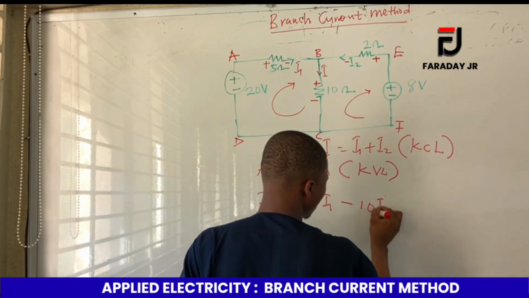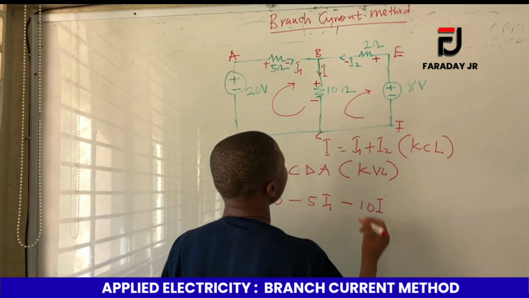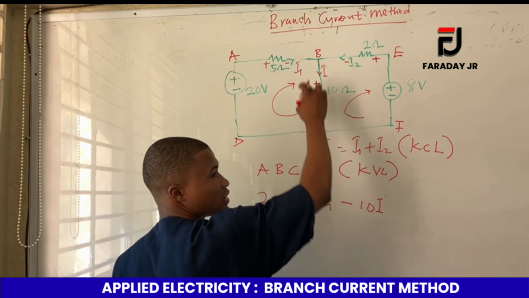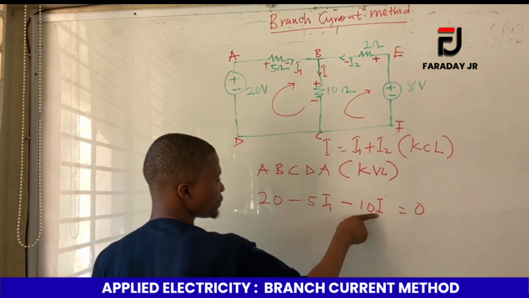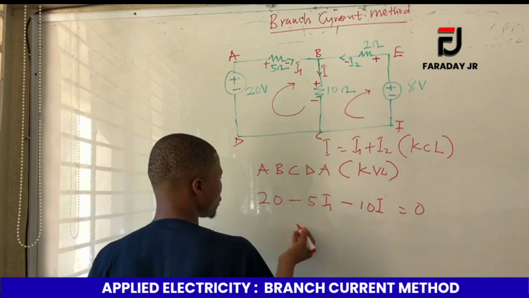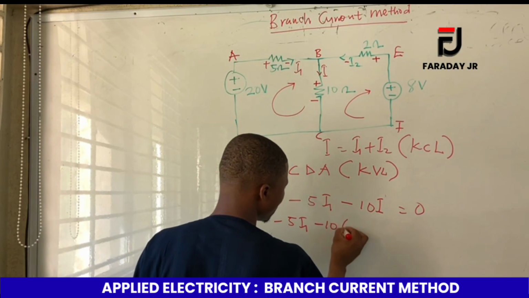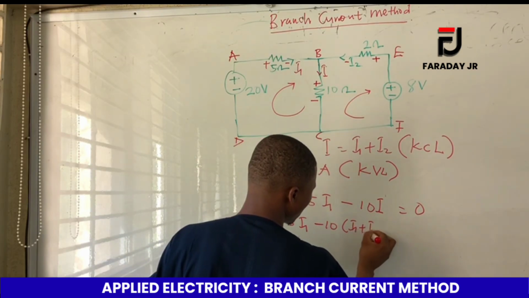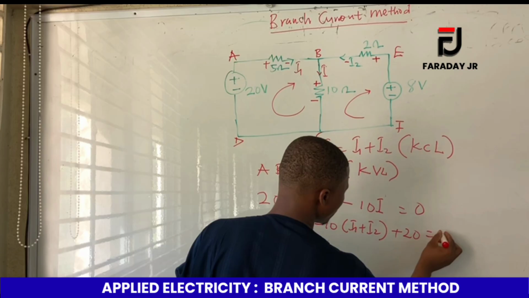Okay. And then after that, we can move on to say that there's no other voltage source within the circuit, so therefore this should be equal to 0. After we are done with this, we know that I is the same as I1 plus I2, so we can replace that. So we have negative 5I1 minus 10 times I1 plus I2, plus 20 equal to 0.